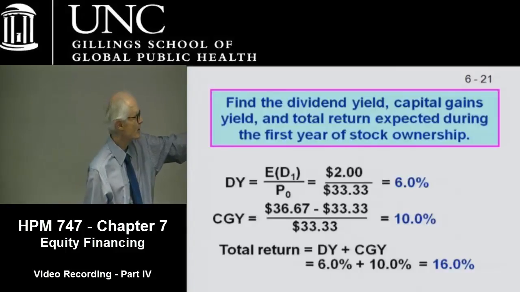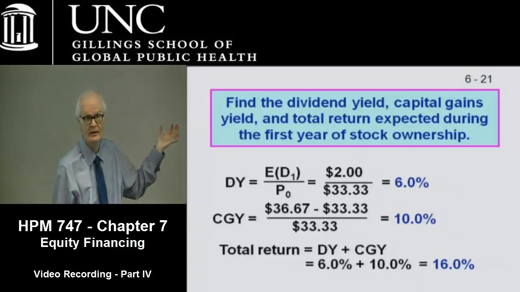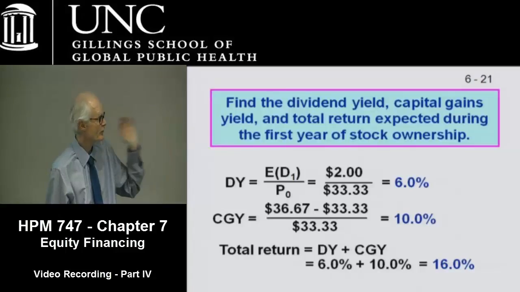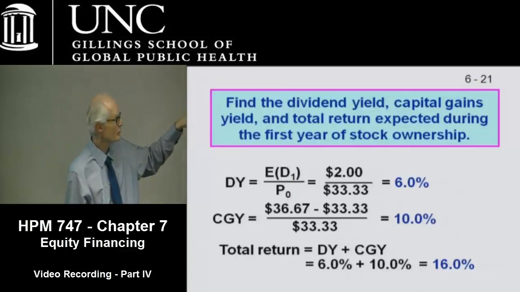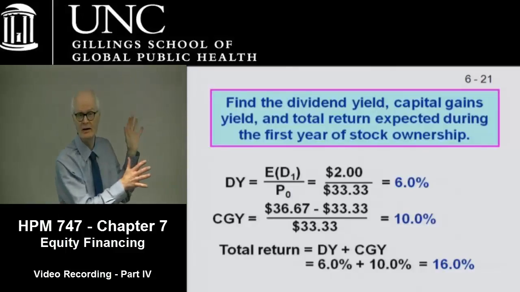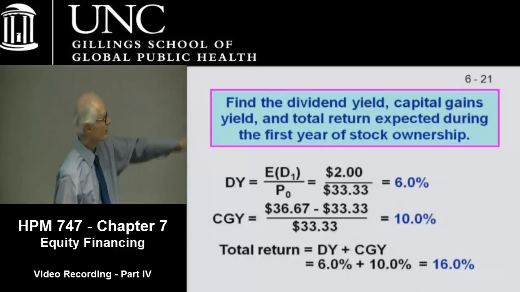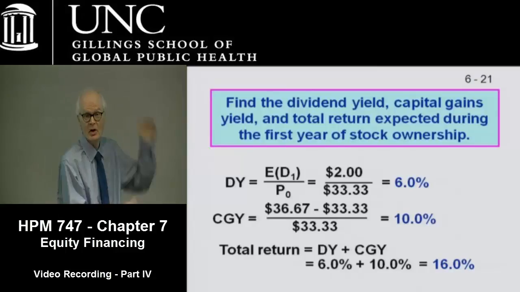The capital gain yield is the price a year from now, which we expect to be $36.67, minus the current price of $33.33. That gives you 10%. So this stock has a dividend yield of 6% and a capital gain yield of 10%. There could be an identical stock, the same price, same 16% required rate of return, that's got a dividend yield of 10% and a capital gain yield of 6%. They both have 16%, but the components are different.